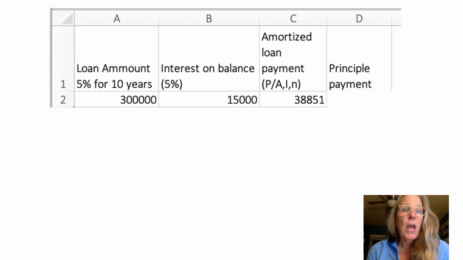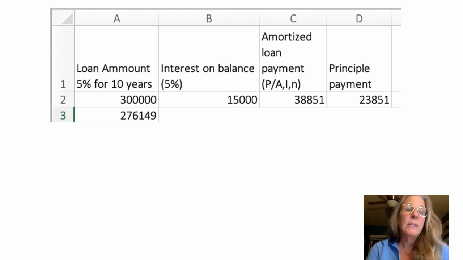That's the payment I just calculated. So the difference between 38,851 and 15,000, the interest amount, is going to be the principal amount. That means the first year, I'm actually only paying off 23,851 on the loan.